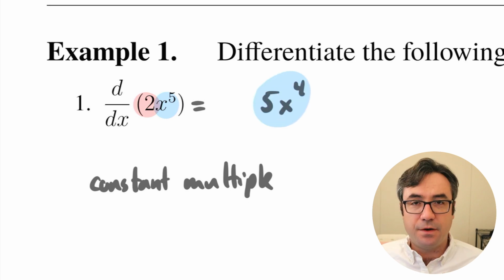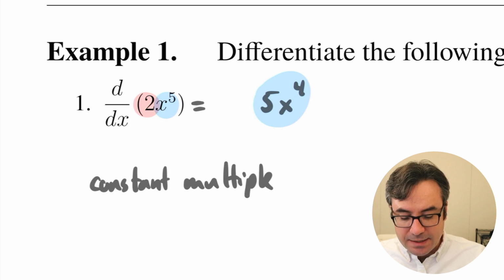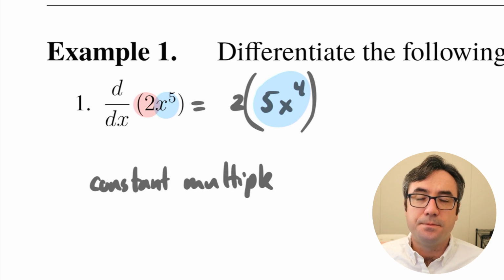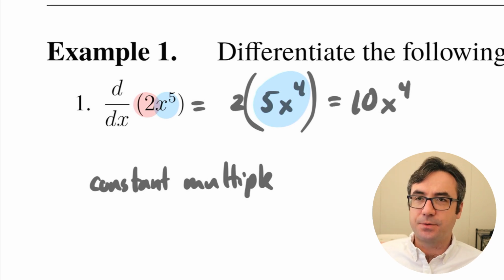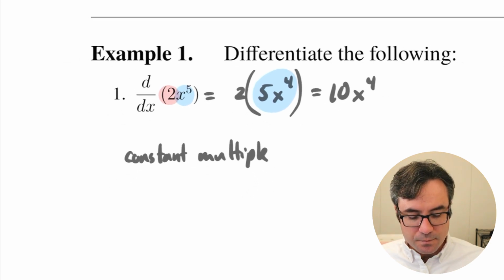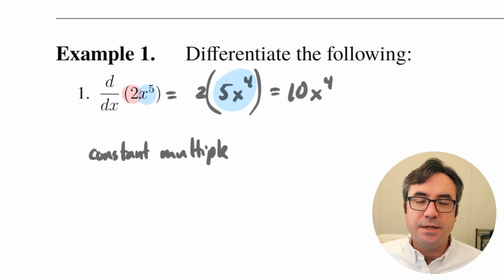So that's my derivative of x to the power 5. And then what happens with that constant multiple, that 2 that's in front? Well, it just stays there in front. So we have the 2. And if we want to clean that up, 2 times 5 is 10. So we end up with 10 times x raised to the power 4.